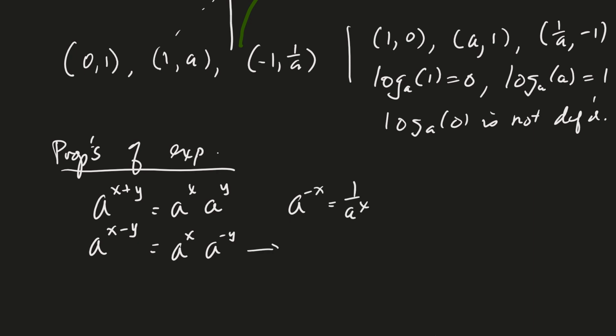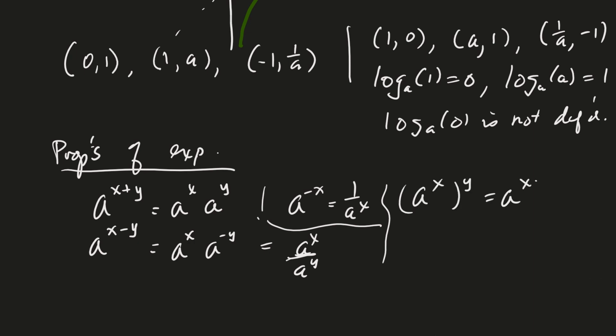And so this becomes a to the x divided by a to the y. Sorry about the mess. a to the x to the y is a to the x times y. Let's see, anything else? ab to the x is a to the x, b to the x. Okay?